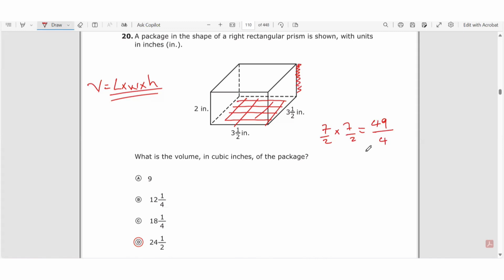And then in the end, you're going to multiply this by 2. So if you multiply this by 2, you can see this 2 cancels itself, and then we have a 2 here. So 49 over 2 will give you 24.5. And this is what we're seeing here. And this is one of the multiple ways that we could work it out. And definitely, I could have produced more ways, but for now, we'll stop.